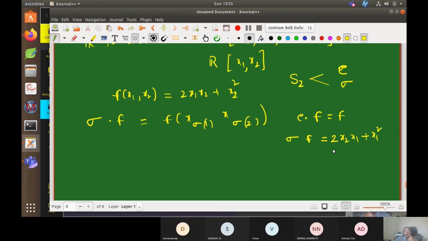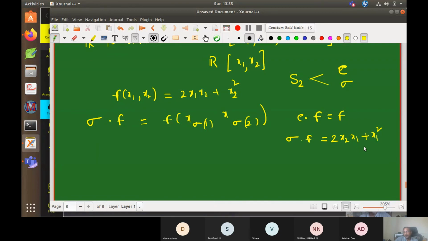No. If it is the same polynomial, that means S2 acting on that will not affect it. Let me complete.